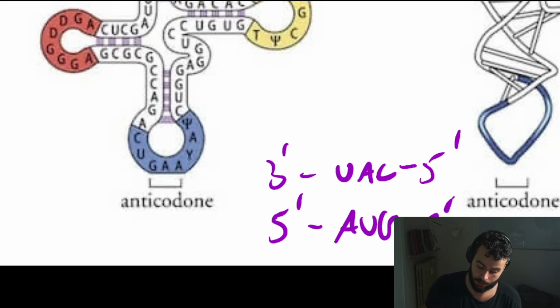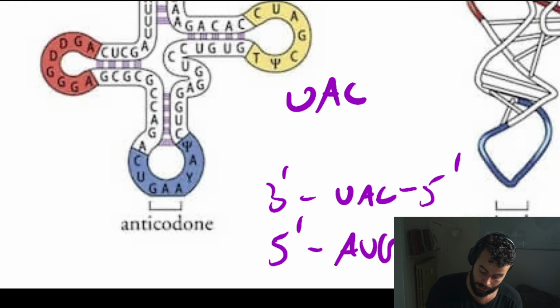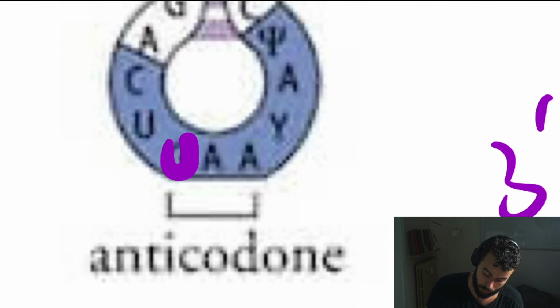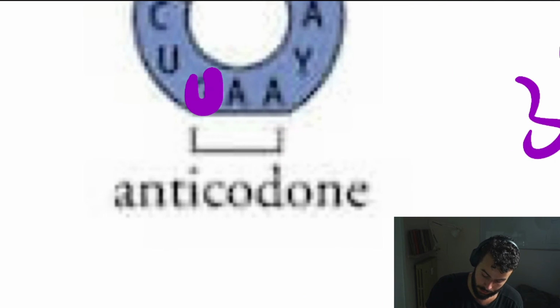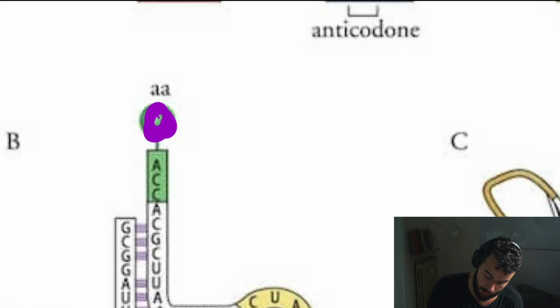When we have the anticodon UAC from 3' to 5', the codon will be AUG. The amino acid that is going to be covalently connected to this tRNA is going to be methionine.